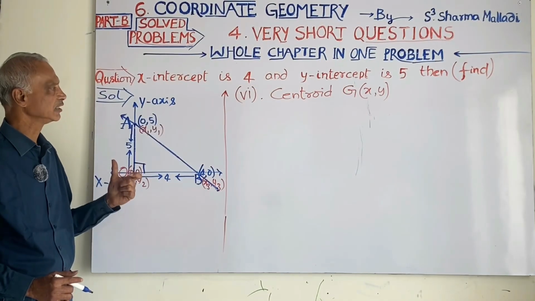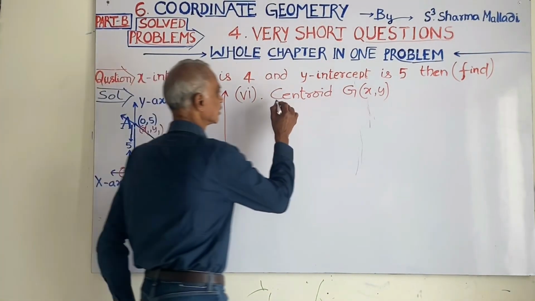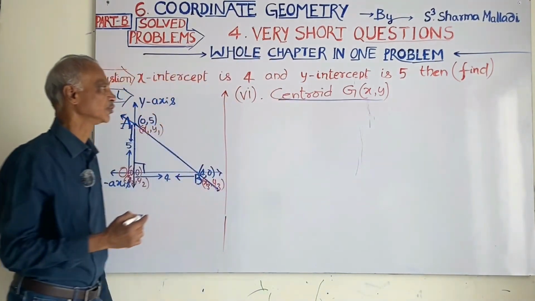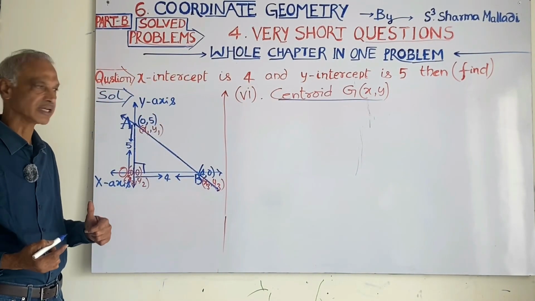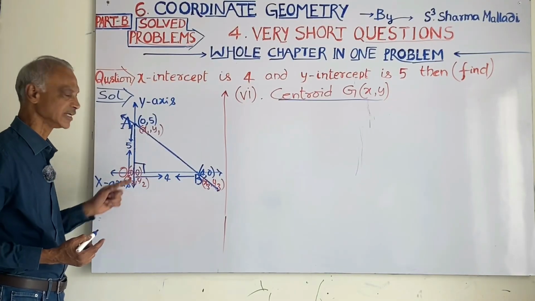What is the next question? Centroid. X-intercept is 4 and y-intercept is 5. Then find the centroid of the triangle formed by the straight line and coordinate axes.